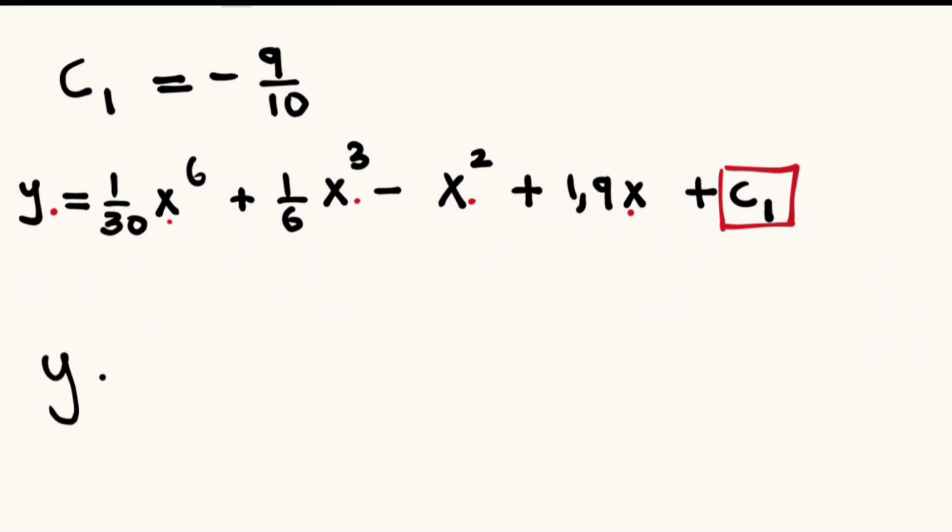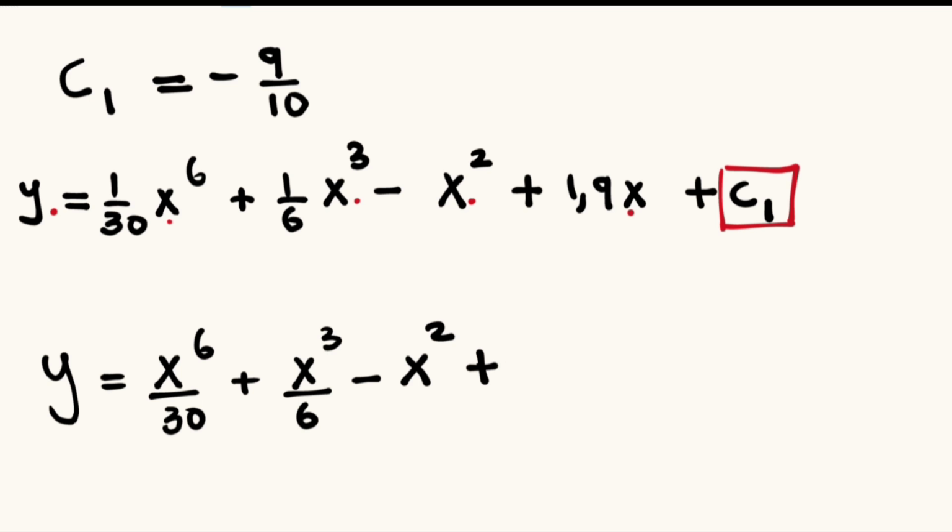Finally, our particular solution, we have y is equal to x to the power 6 divided by 30 plus x to the power 3 divided by 6 minus x squared plus 1.9x plus, in the place of the c1, we substitute negative 9 divided by 10. And this will be our particular solution for this second order separable differential equation.